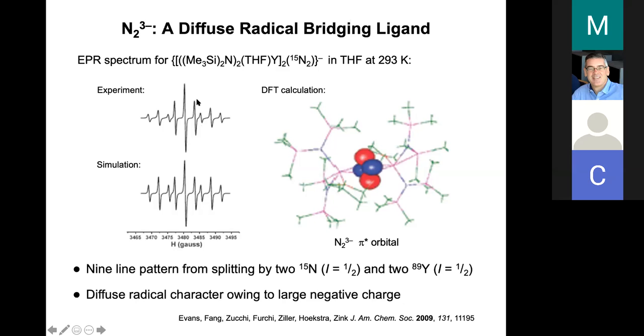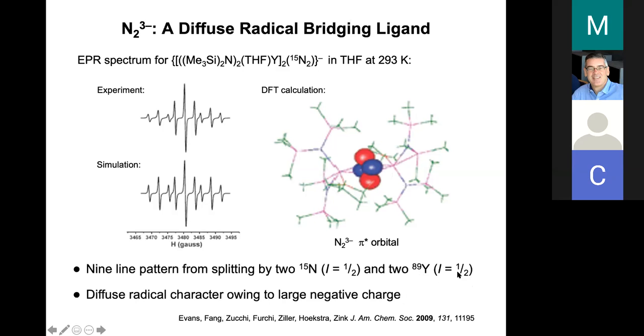And this is just an EPR spectrum showing that the spin of the N2 3- bridging ligand is to some extent shared with the yttrium centers on either side. You can tell that because these splittings here correspond to coupling of the nitrogen spin and yttrium spin.